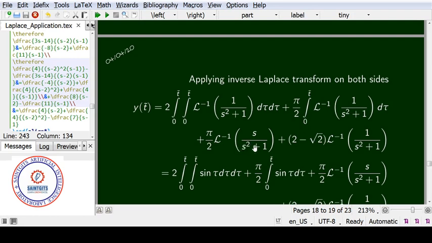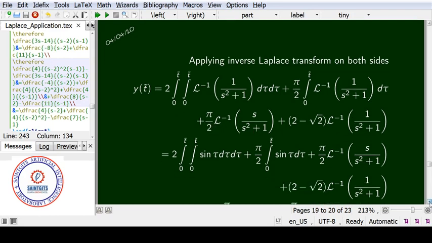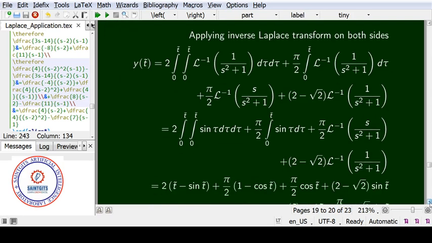Here L inverse of s by s square plus 1 is cos t, so pi by 2 into cos t tilde. Then 2 minus root 2 into L inverse of 1 by s square plus 1 is sin t tilde. Now we have to evaluate this integral. First we find this integral, then one more integration of this result. Integral of sin tau is equal to minus cos tau.